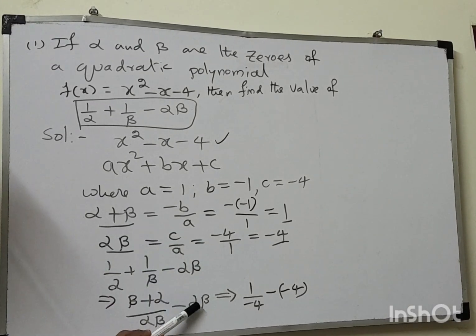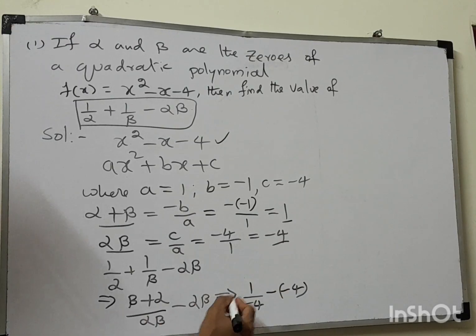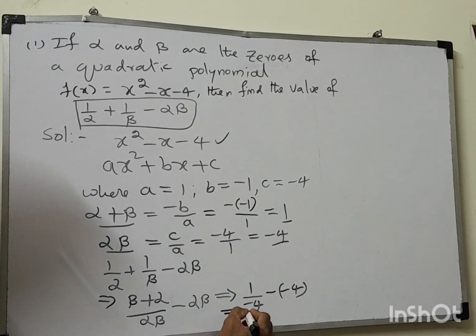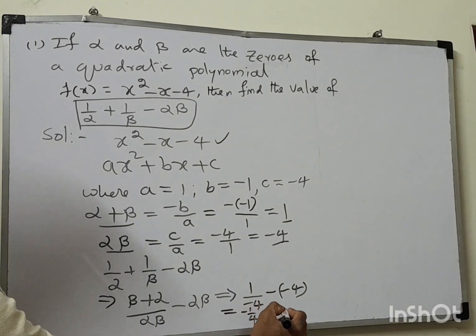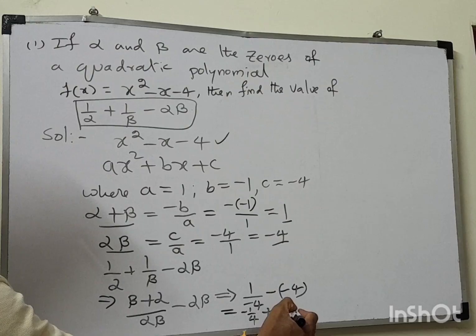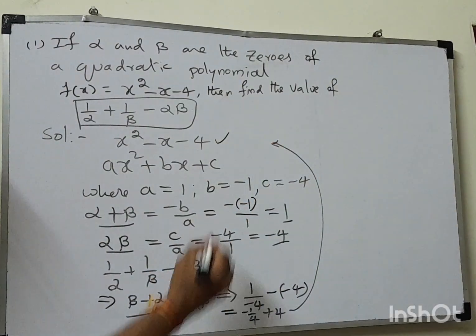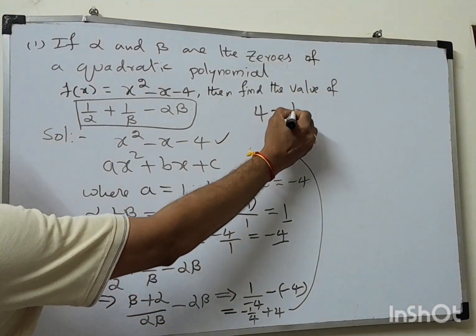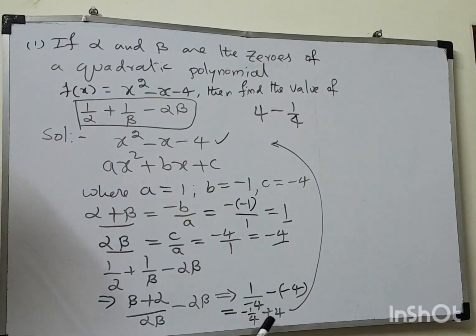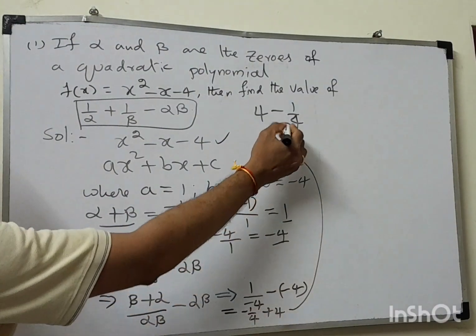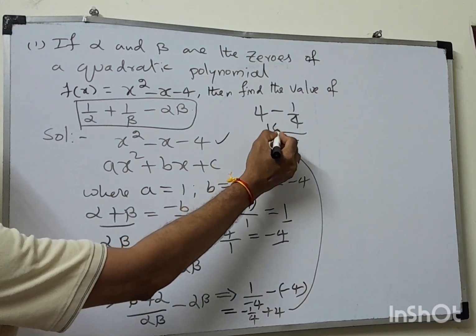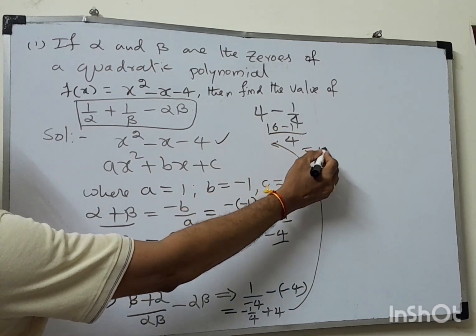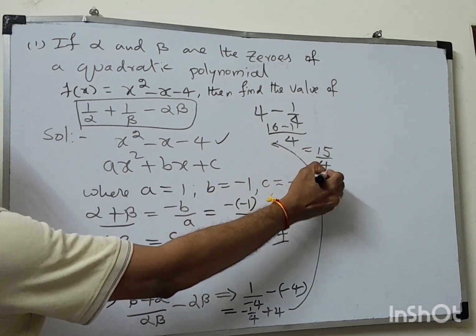That becomes 1 by minus 4 plus 4, that goes to 4 minus 1 by 4, that is 4 plus 4 minus 1 by 4. 4 is the LCM, so 16 minus 1 by 4, that equals 15 by 4.